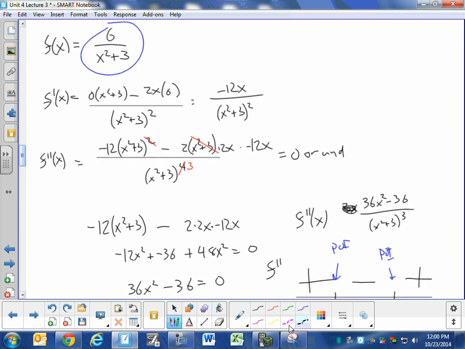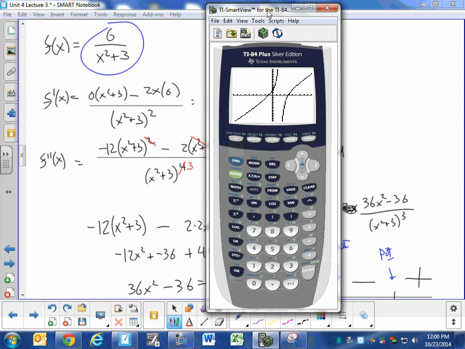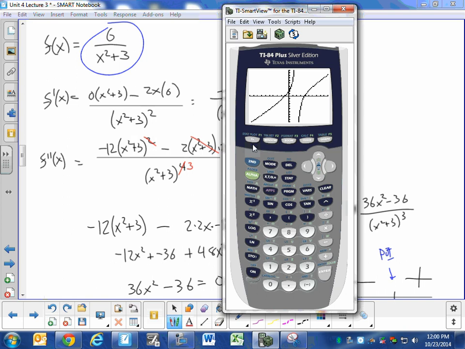And we can go ahead and just check, and it's good when you're doing these questions to graph the original function and make sure that what you discovered is actually correct. So I'm looking for a point of inflection at 1 and -1.